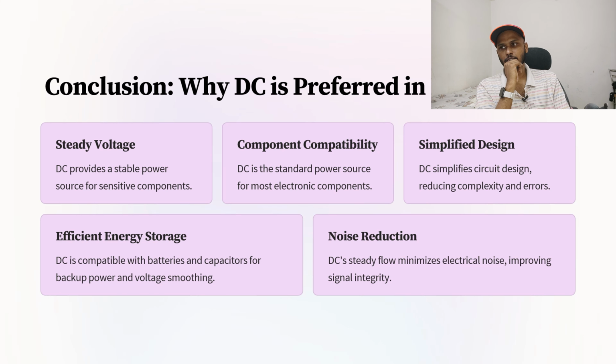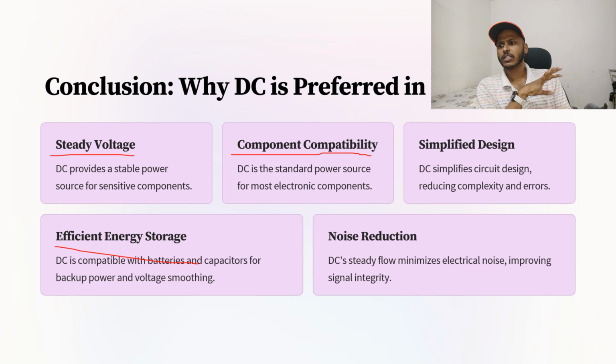Steady voltage, I don't think there is any confusion. DC provides a stable source for sensitive components. And component compatibility, we also discussed that. Most of the electronic components are compatible with DC. For all these reasons we can have a simplified design with DC, which reduces complexity and errors. And storage: if you want to store energy, DC is more efficient, whether for a battery or a capacitor, for backup power and voltage smoothing.